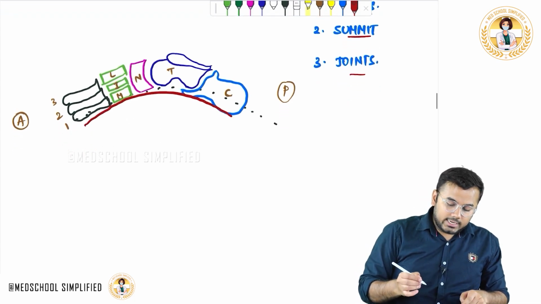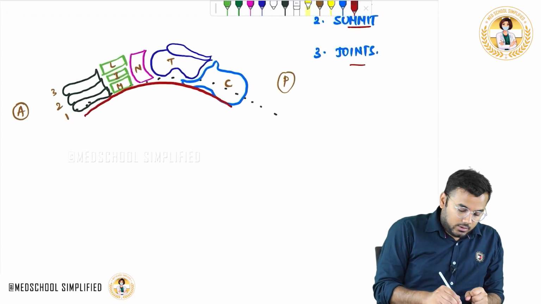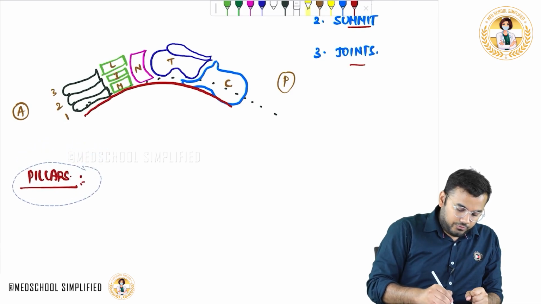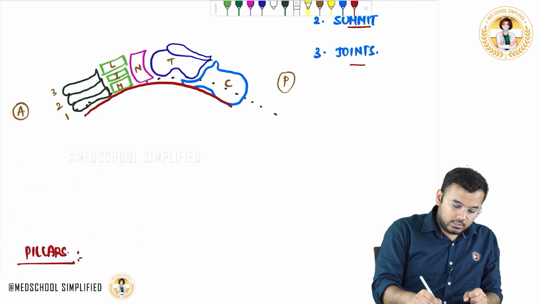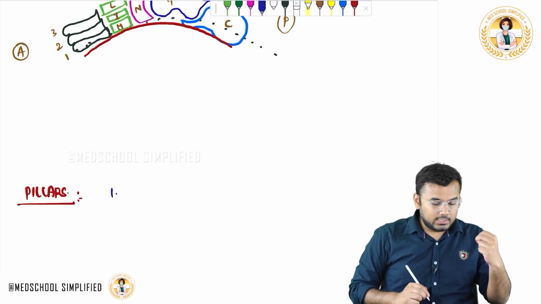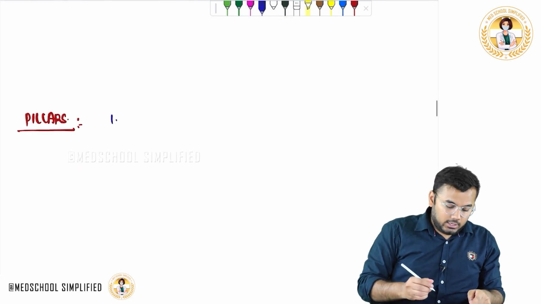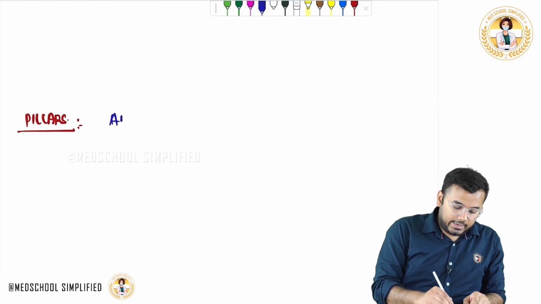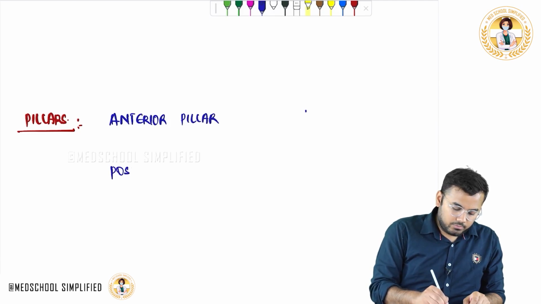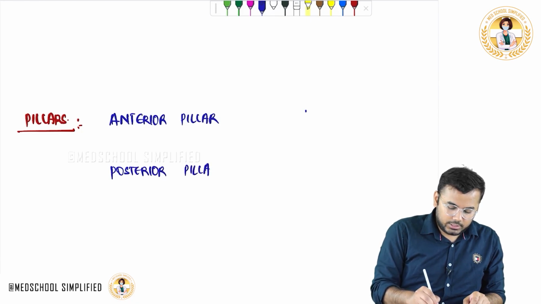Now let us discuss what are the pillars here. In these pillars, you can find a few important things. The first important thing is that we have got two pillars, anterior and posterior. So what is the anterior pillar and what is the posterior pillar?